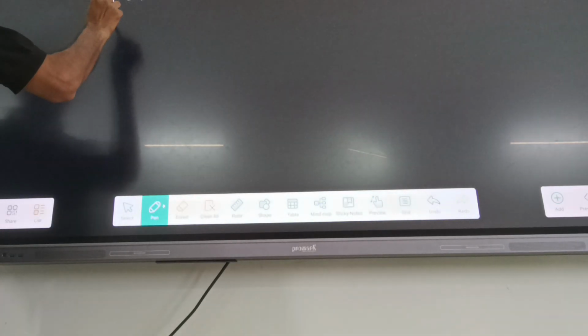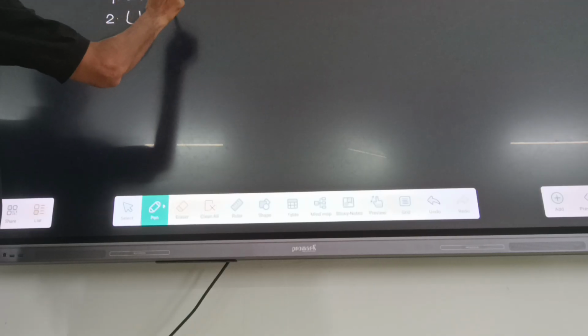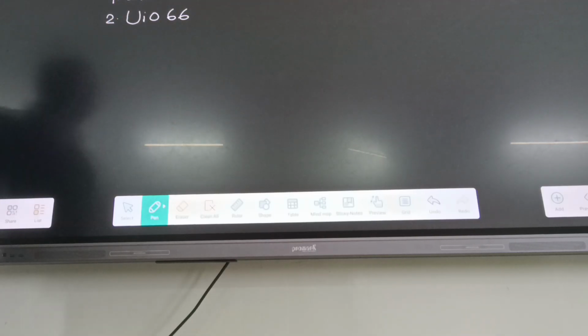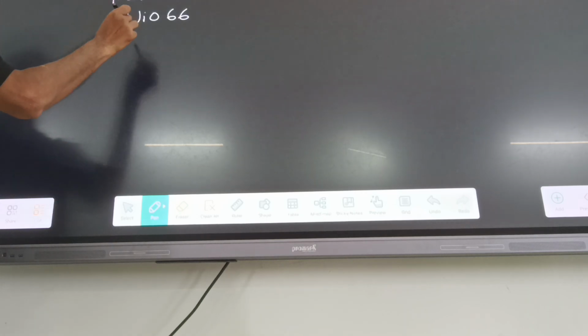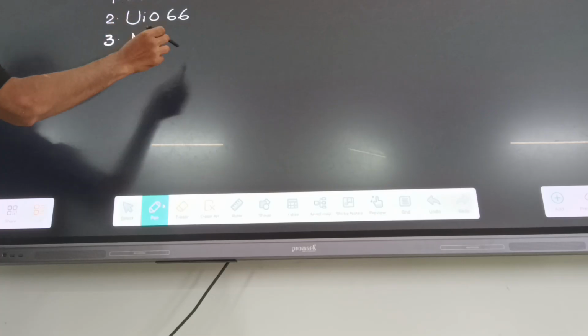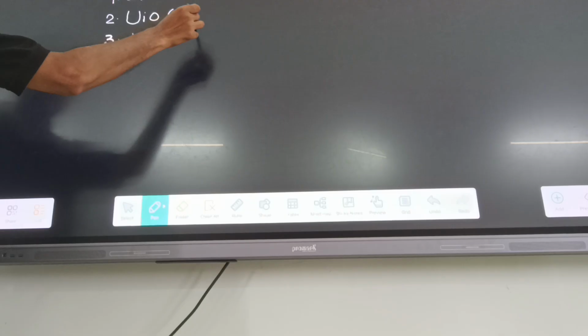Second one is called UIO66 and the third one is called MIL101.